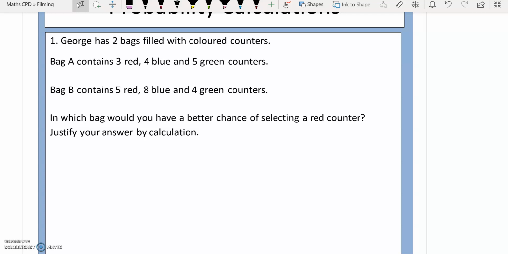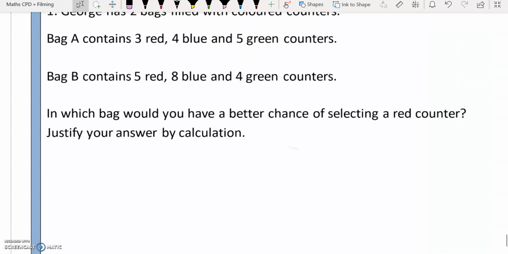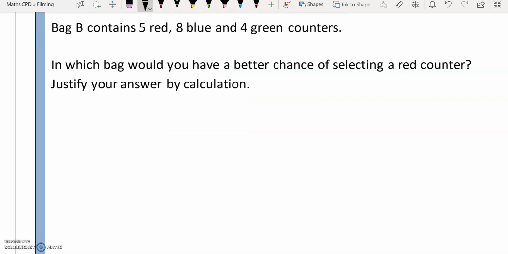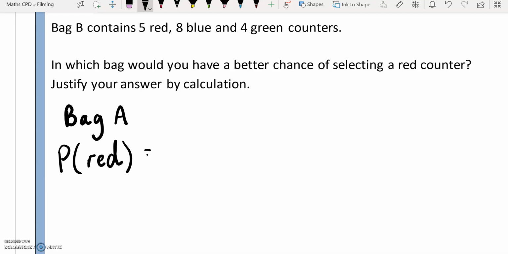Okay, so we want to figure out in which one you are more likely to get a red counter. So we need to figure out the probability of red in bag 1 and in bag 2. We'll do bag A first. We usually use a big capital P and put what we're looking for inside a bracket.